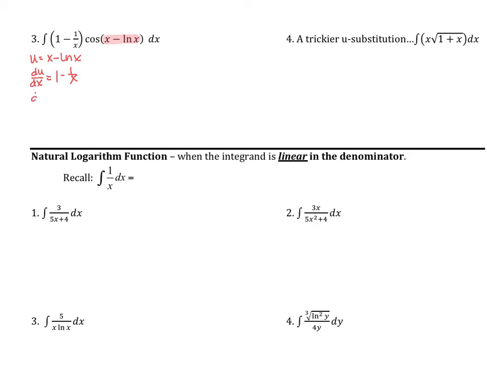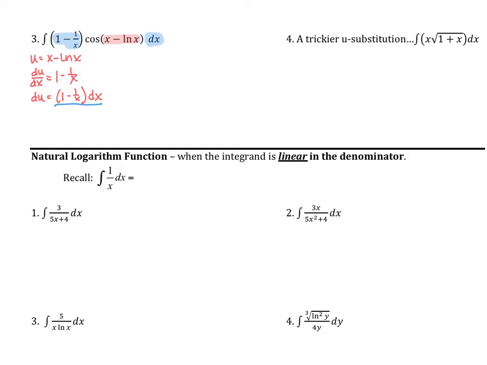So simplifying this, just so it's in the differential form, we'd get du equals 1 minus 1 over x dx. And what we can see here is that this 1 minus 1 over x dx can be replaced up here. So again, this problem becomes simple, it just looks pretty nasty to begin with.